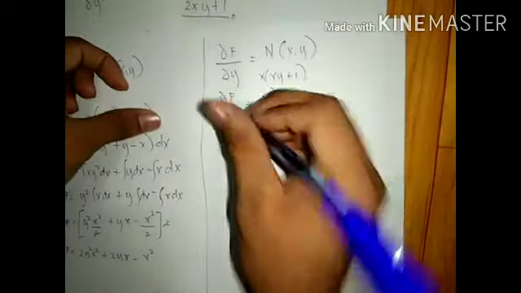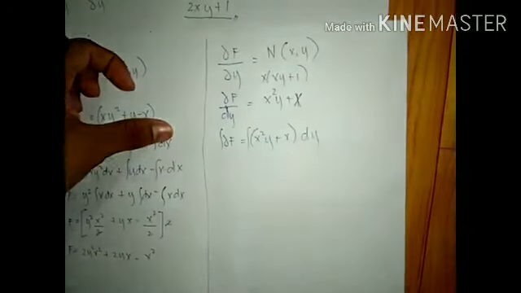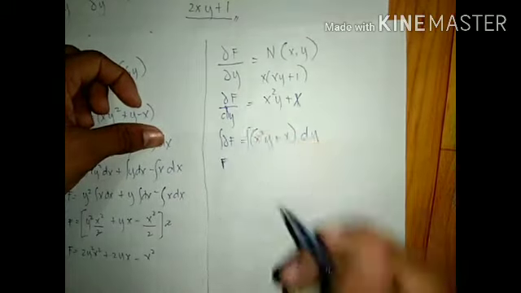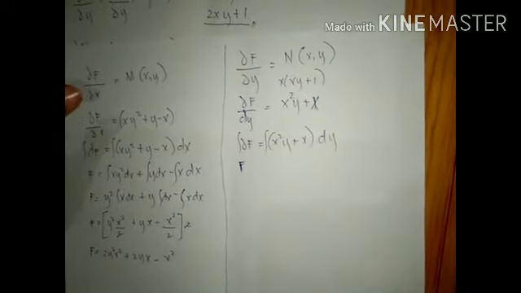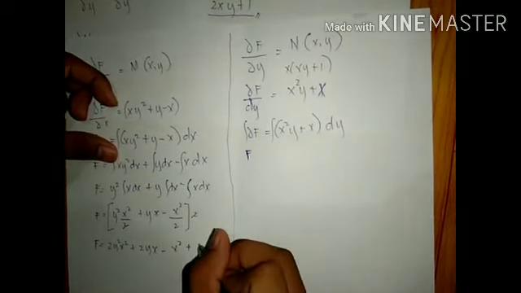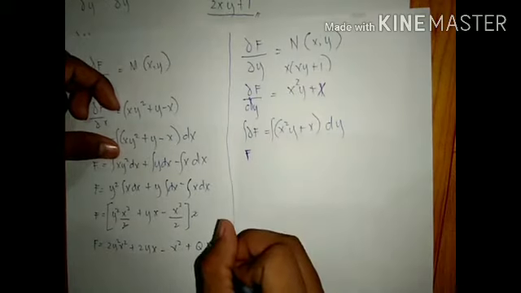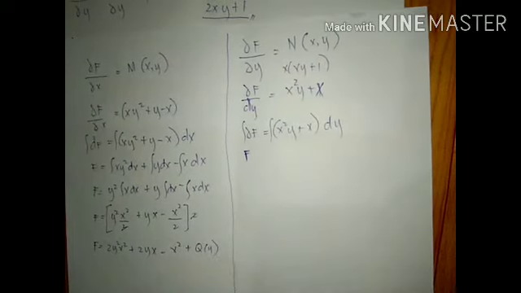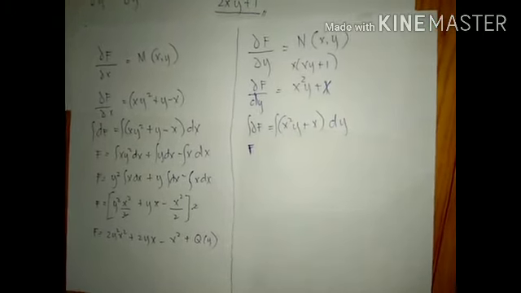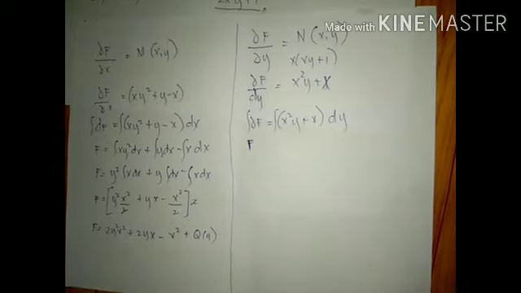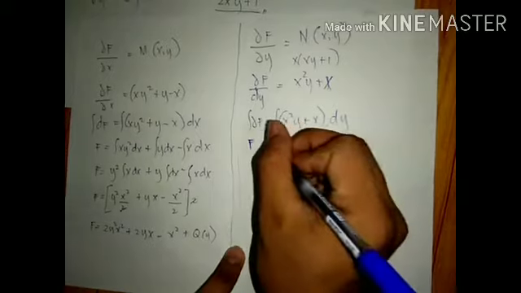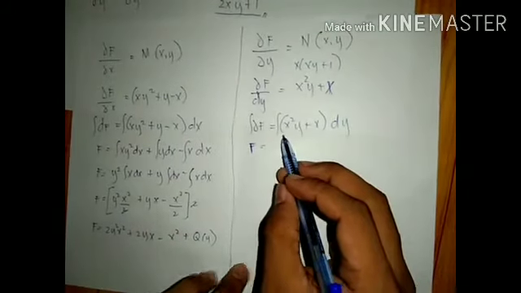And then, both integrals, we distribute. So f is our solution. On the other side, we add Q of y, which is our constant, a constant C. So on the other side we again distribute by integral.